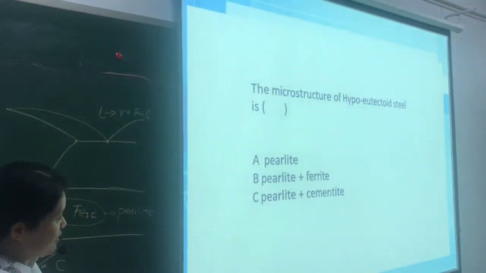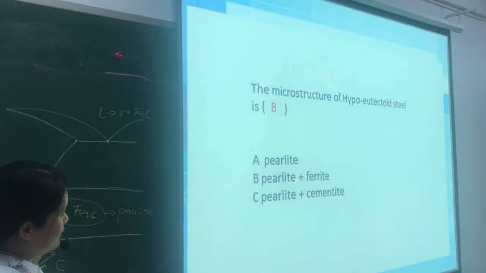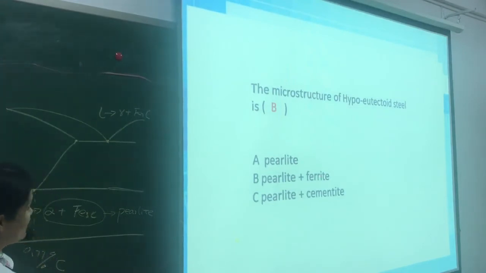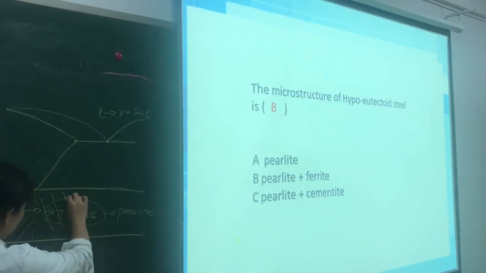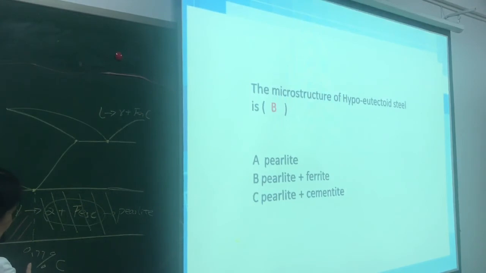Hypereutectoid steel is the steel with carbon content more than 0.77%.